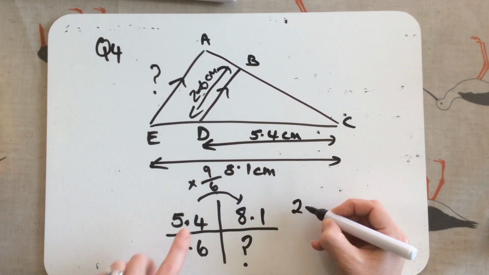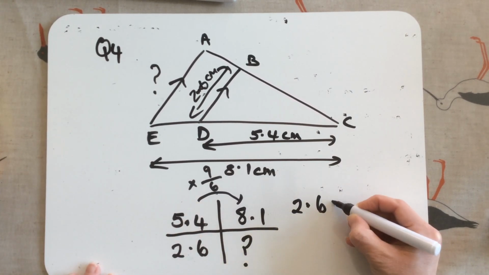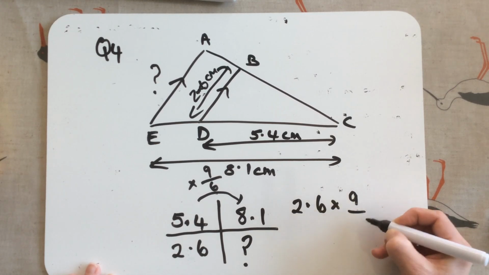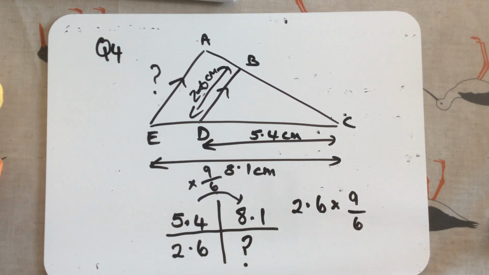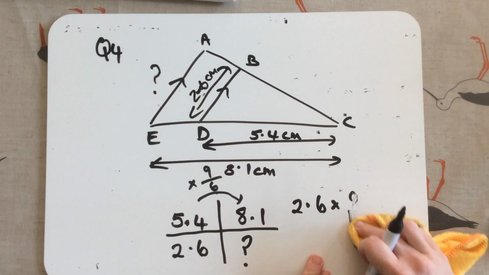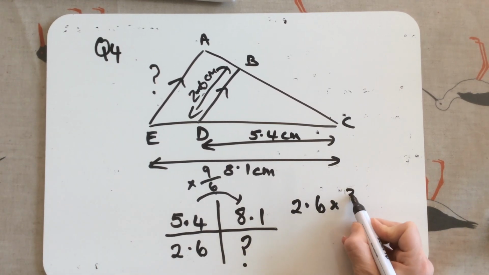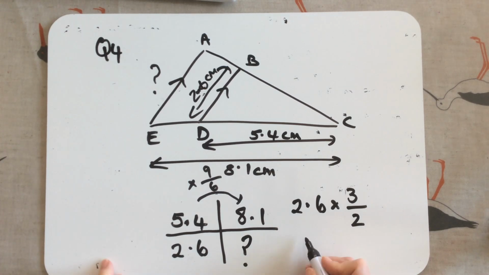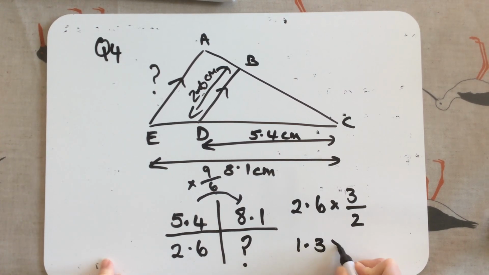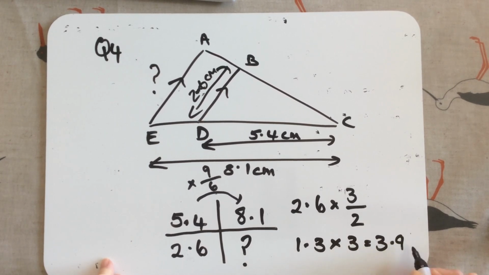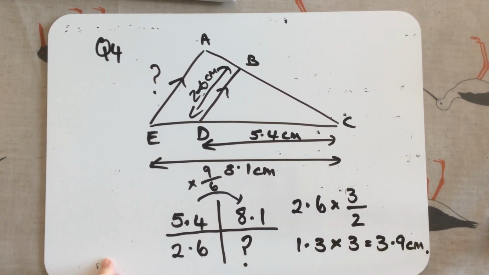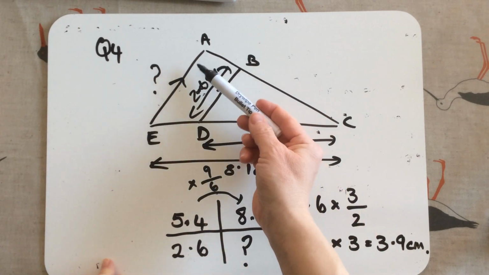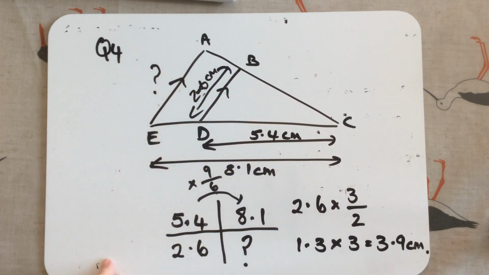So I need to use that same multiplier, 2.6 multiplied by 9 over 6. You will hopefully recognise that 9 over 6 is the same as 3 over 2. So I need to divide by 2, 1.3, and then multiply by 3, which is 3.9 centimetres. So that tells me what this length right here is.